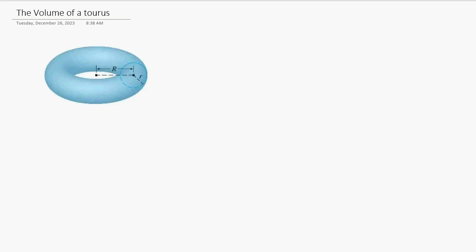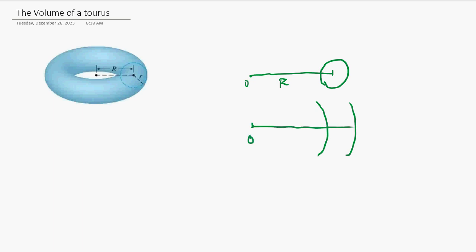Okay, so basically the torus has a center point, and r is the distance. You have a circle, right? But from the top view, it's going to look like this.